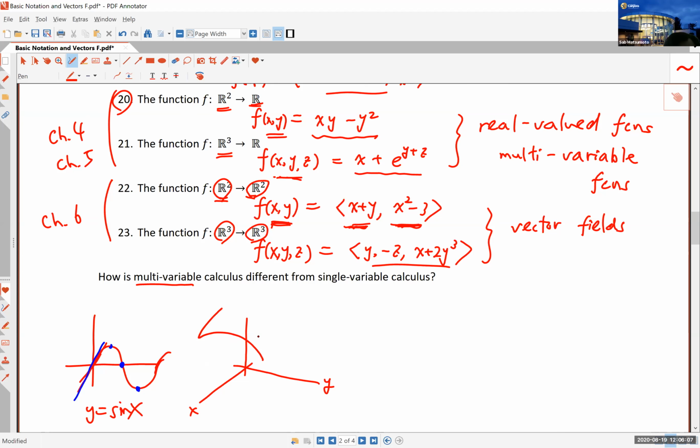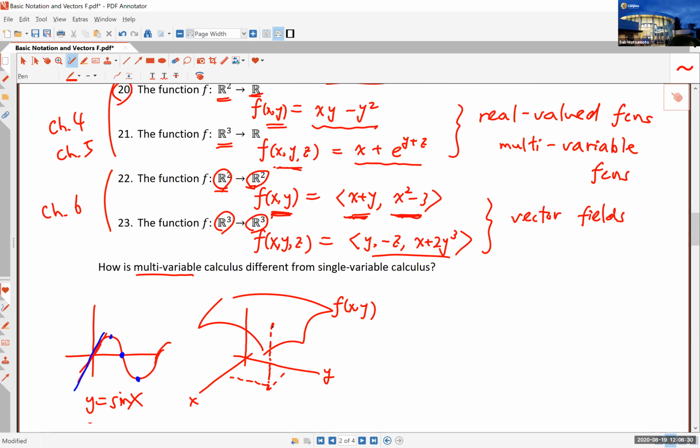So your graph is actually going to be something like that. This is f of x, y. In other words, for each point X and Y, you have, let's see, where are the pictures? Come on, there you go. Here's a point x, y, and x and y will determine the value z. Okay, so this is what a multivariable function is going to look like.